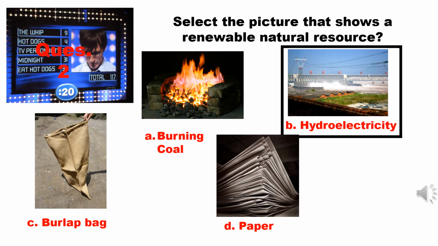The hydroelectric dam is the only renewable natural resource used to generate electricity. The burlap sack and the paper are renewable resources, but they are not used to generate electricity. Coal is not renewable because it takes millions of years to form.